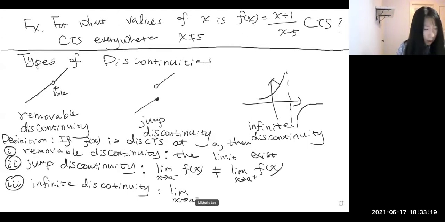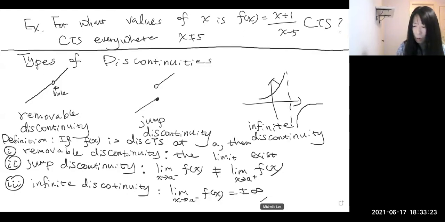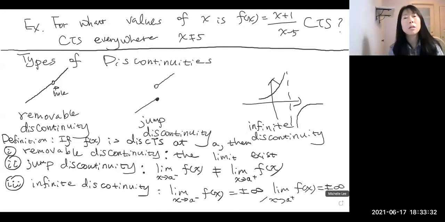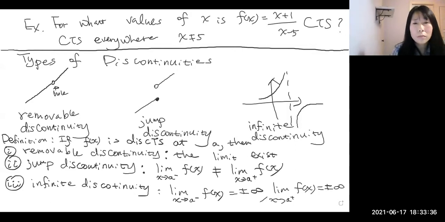So one side limit equals plus or minus infinity, or the other side goes the same thing, plus or minus infinity, all right? Is it good?